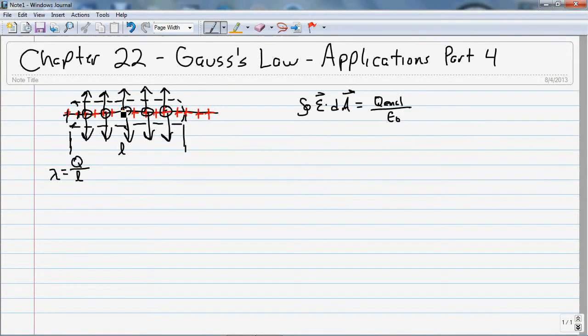Well, I know that the magnitude of E is constant, so E will come out, and I'm going to have the surface area of the cylinder, and that's just going to be, well, if I solve for Q, that's just going to be lambda L over epsilon naught.